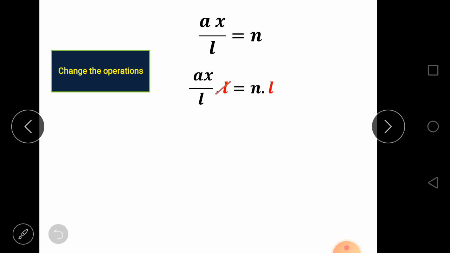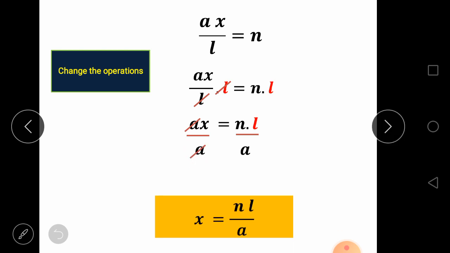So L cancels L. So we'll be left with ax equals n times L. And then what? Then we divide both sides by a. So a will be cancelled with a, and finally we get x equals n times L divided by a.